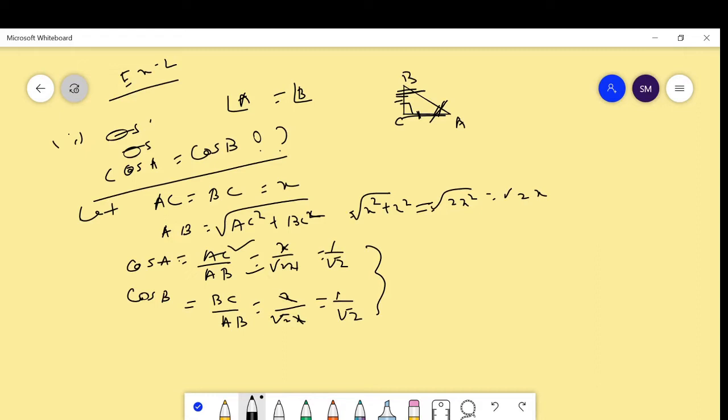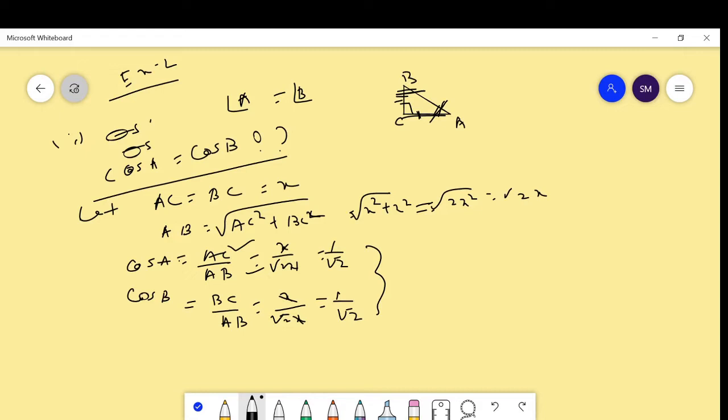ABC is a right angle triangle, right angle at C, and angle A is equal to angle B, this is given. This means this is a right angle isosceles triangle, which shows that AC is equal to BC.